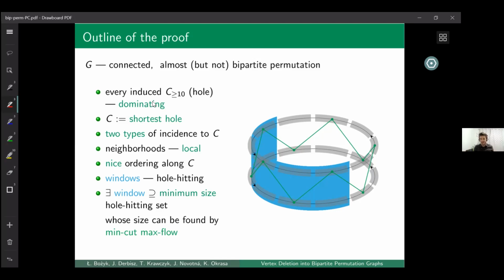On the technical level, there's this finding of forbidden structures in there, and digging the structure more and more in order to get these nice orderings and these facts about local optimal hole removal sets. But that's pretty much the idea. So are there any questions about this idea?